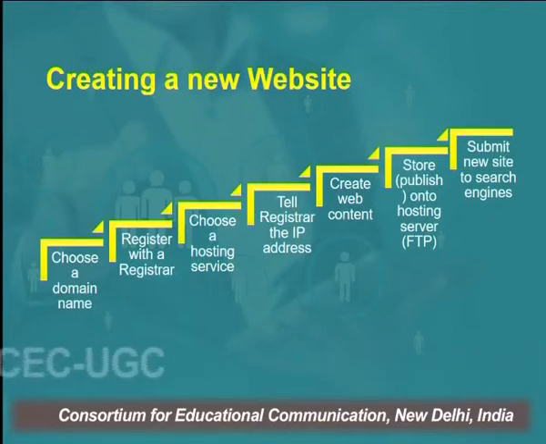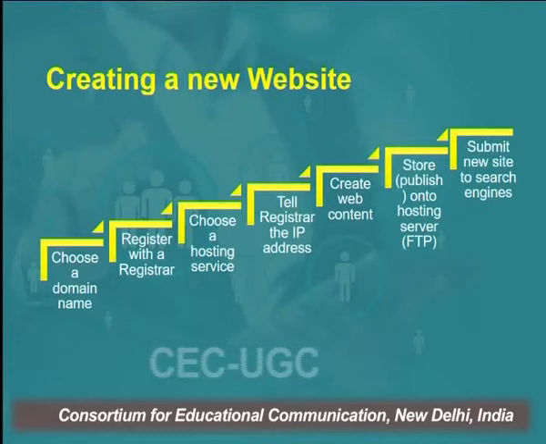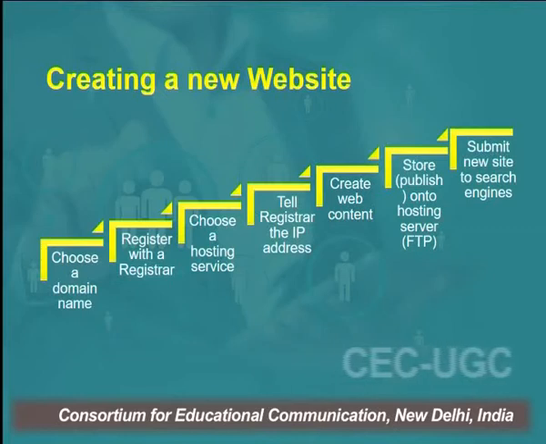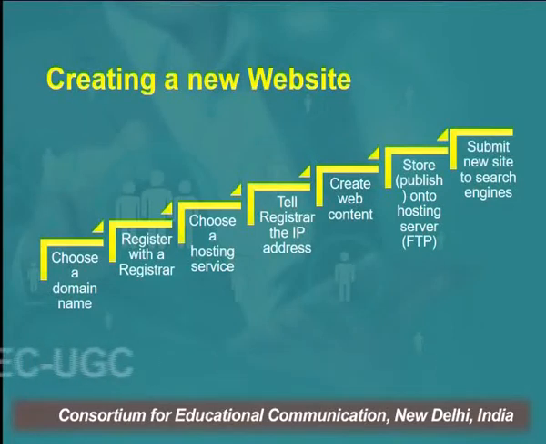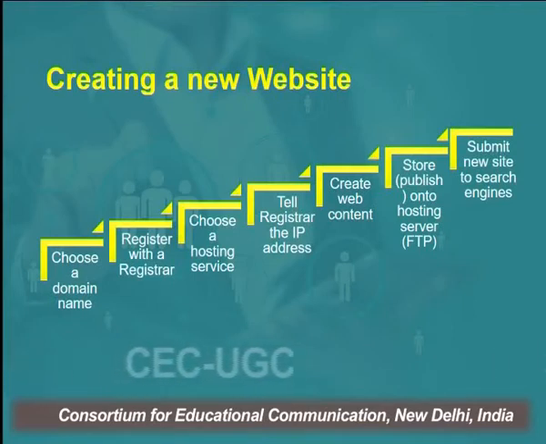Every hosting server will have an IP address. So once you have registered and paid the hosting fees, they will give you the IP address which you have to communicate to your registrar. After this activity is completed, you actually go on creating the content. You start creating the web pages, and then you store and publish those web pages on your hosting server.